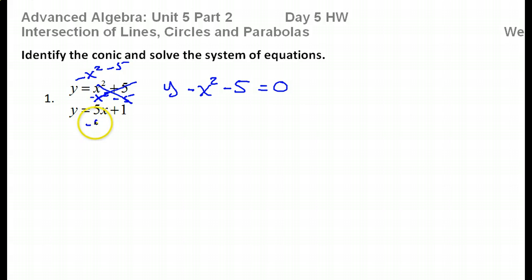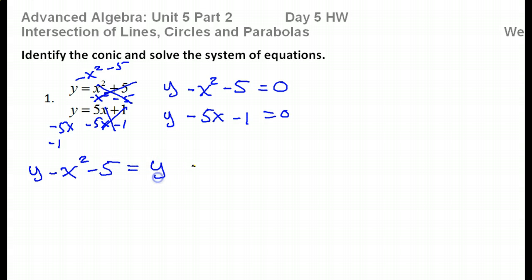And doing the same thing here, if I subtract 5x from both sides and subtract 1 from both sides, then this is going to give me y minus 5x minus 1 equals 0. So in general, we're going to get both equations equal to 0, so then we'll set them equal to each other. But for this particular problem, this is actually the long way. You'll wind up at the same thing either way. It's just the long way.